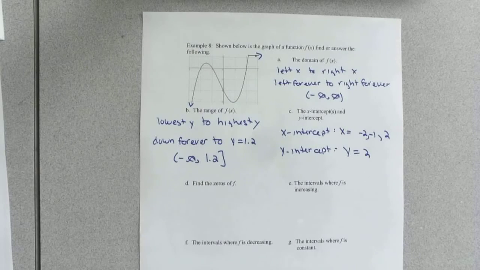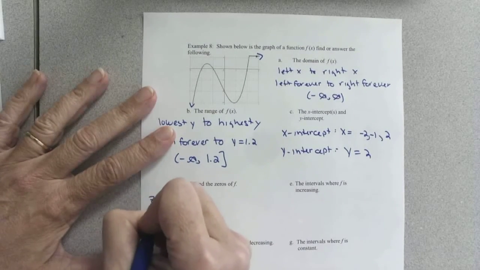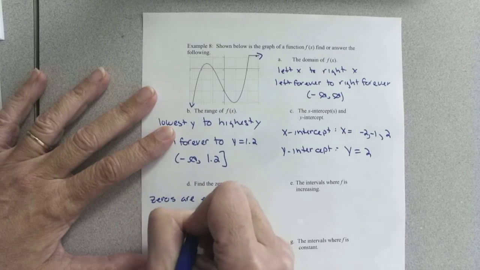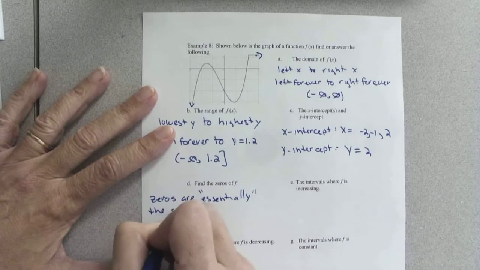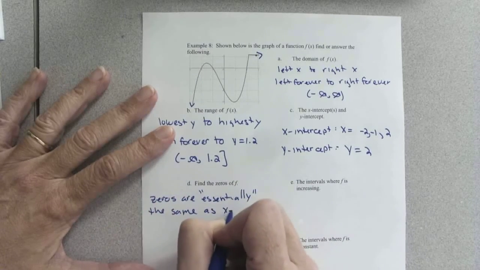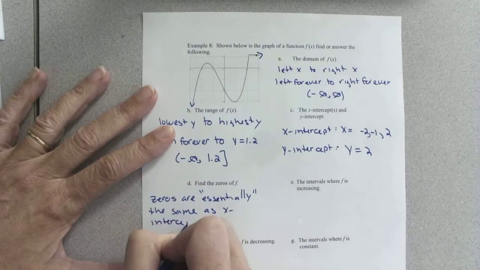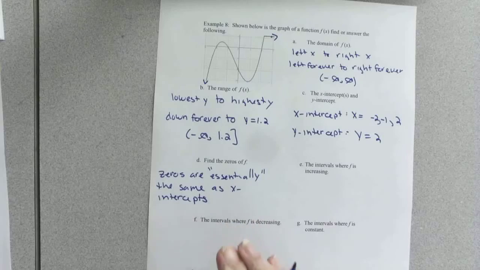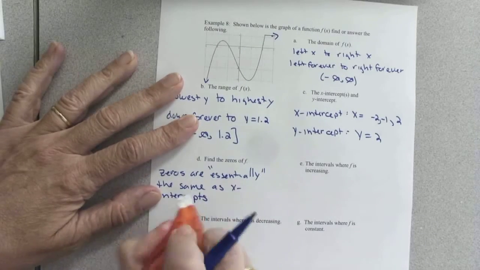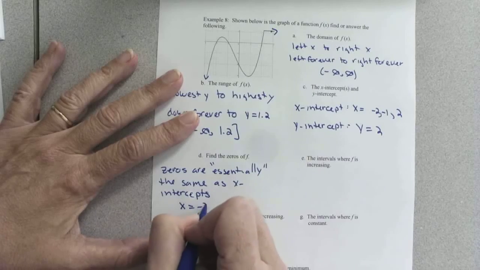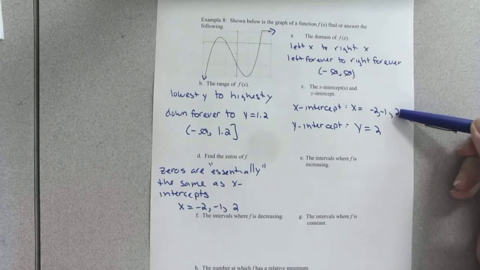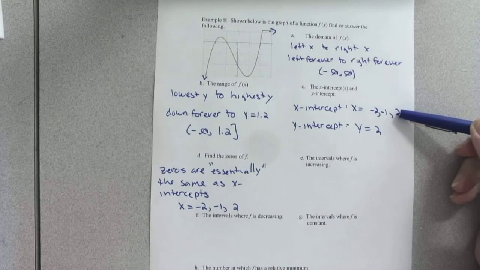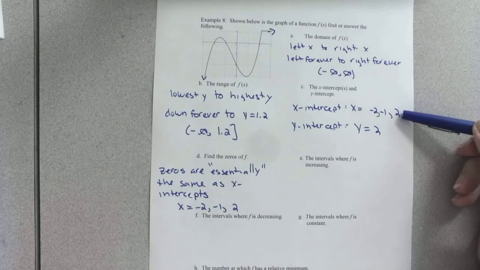Find the zeros of f. So here's a new word. Zeros are essentially the same as x-intercepts. So there's a new word for today, zeros. The reason why I say essentially is this. The perfect math teacher would have said the x-intercepts are the points (-2, 0), (-1, 0), (2, 0).